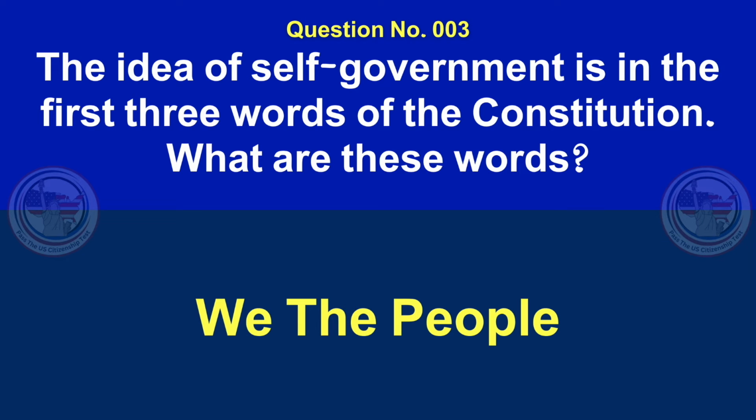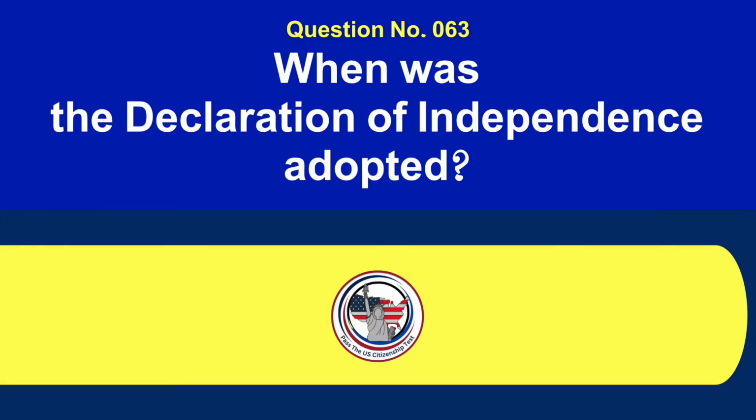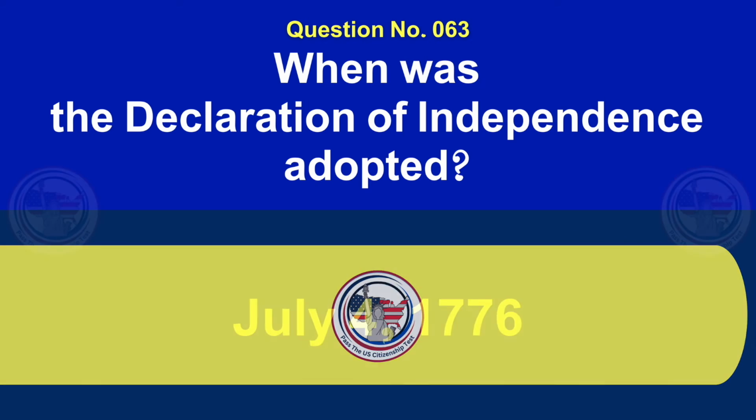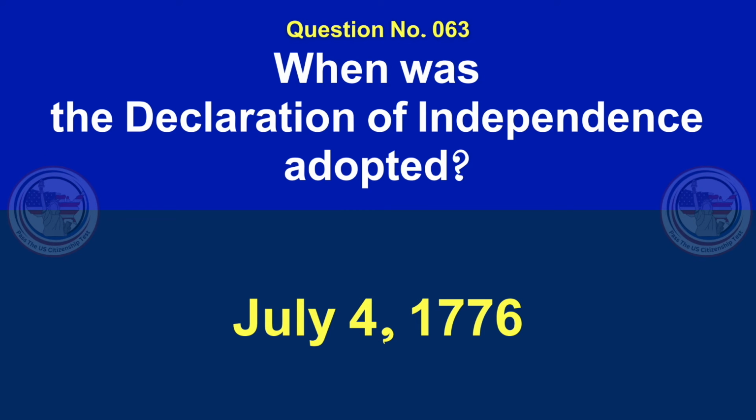We the people. When was the Declaration of Independence adopted? July 4th, 1776.